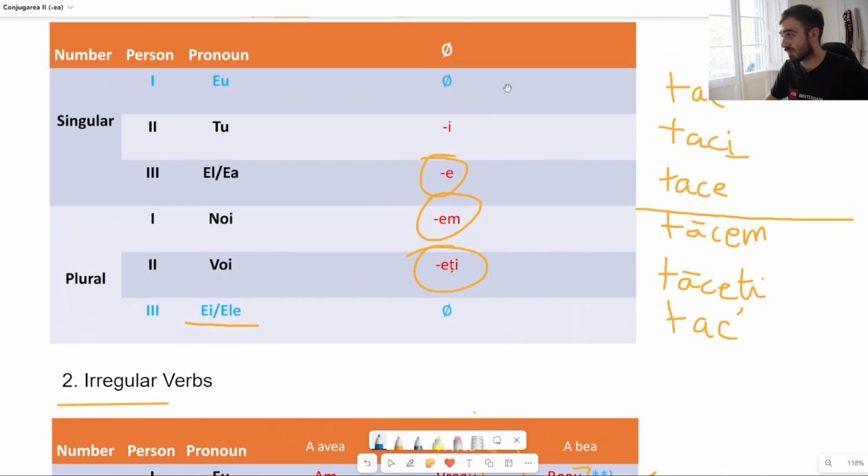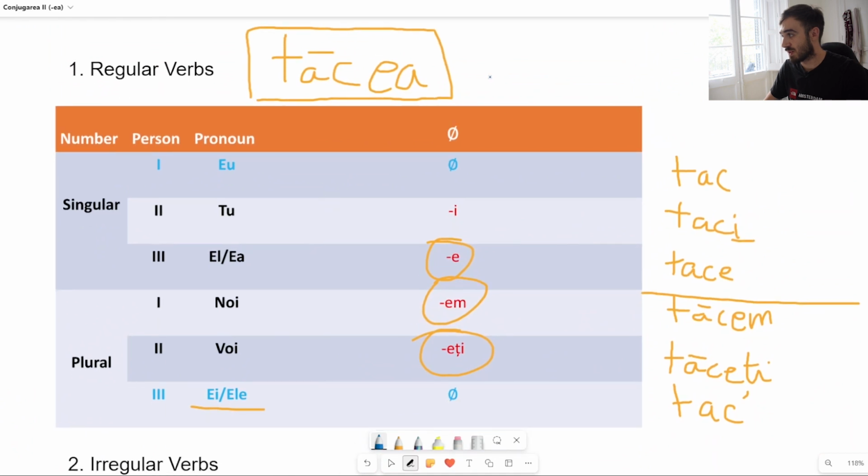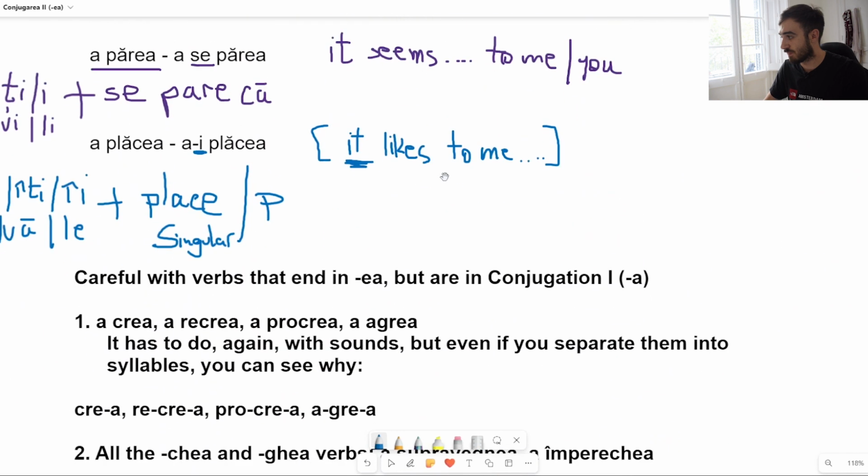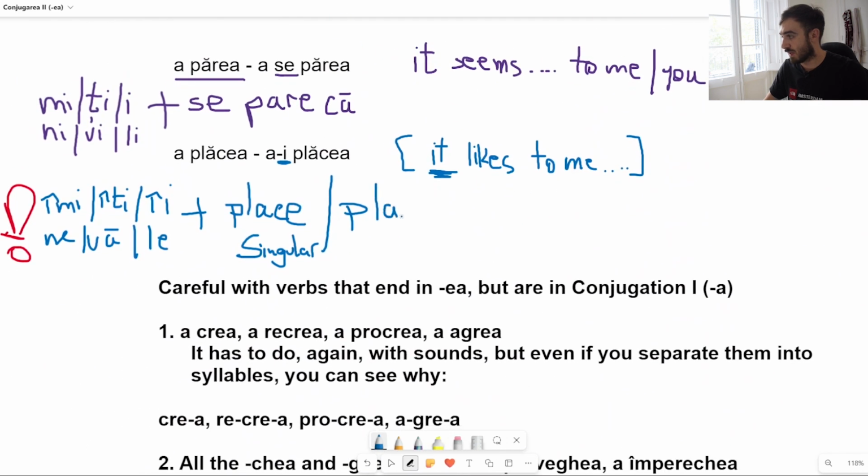From here, place, and plac. So, plac, plural. So to say I like, you say îmi place. If you say I like chocolate, you say îmi place ciocolata. If you say I like cats, you say îmi plac pisicile.